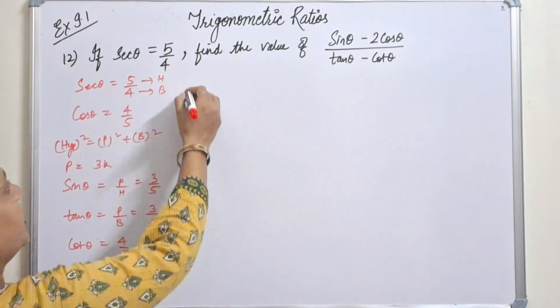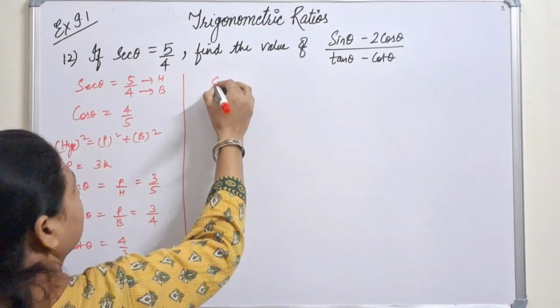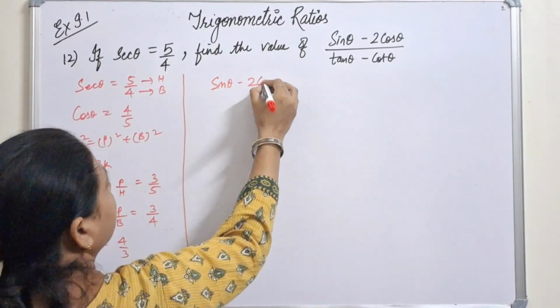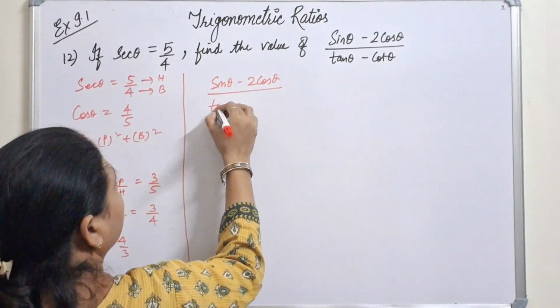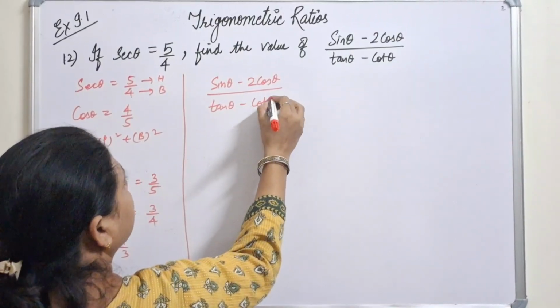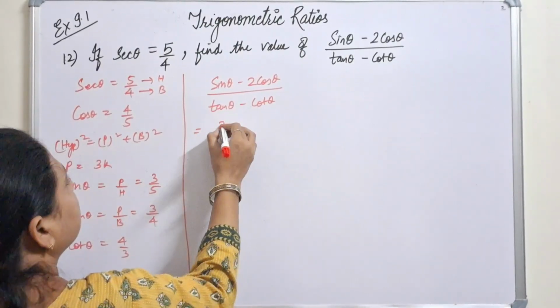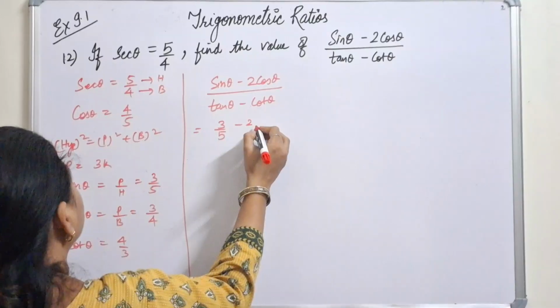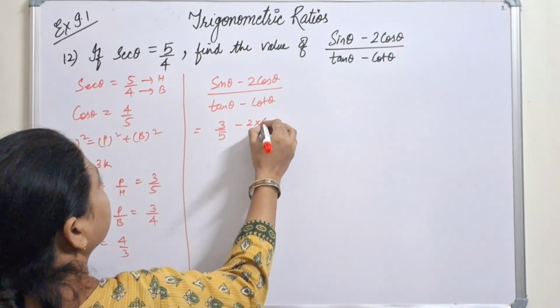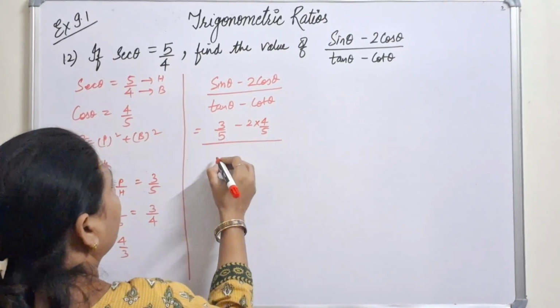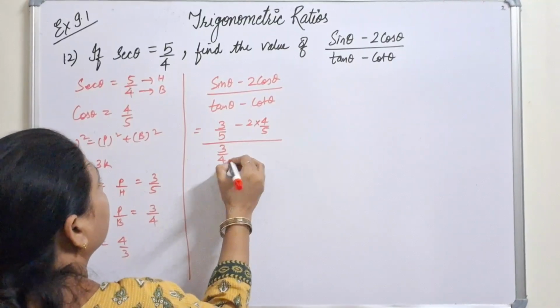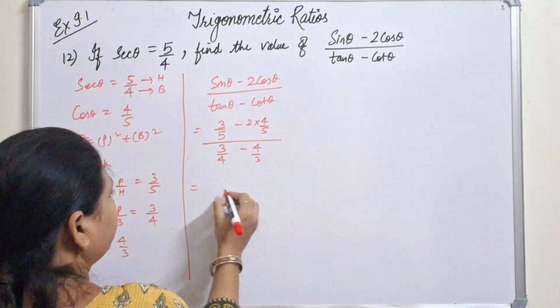Now we'll substitute the value. Sin theta minus 2 cos theta upon tan theta minus cot theta. Sin theta is 3 upon 5 minus 2 into cos theta is 4 upon 5, whole upon 3 upon 4 minus 4 upon 3.